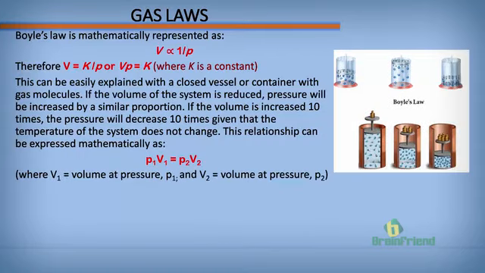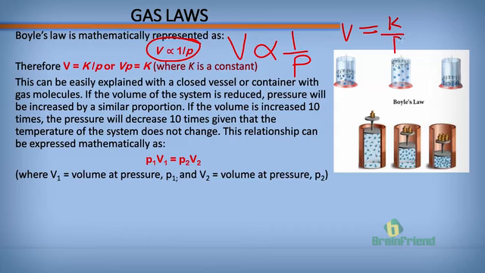So we can mathematically represent Boyle's law with this, where volume is inversely proportional to pressure. So we can say V is equal to K over P. This K is a constant. Now, Boyle's law can be easily explained with a closed vessel or container with gas molecules in it.